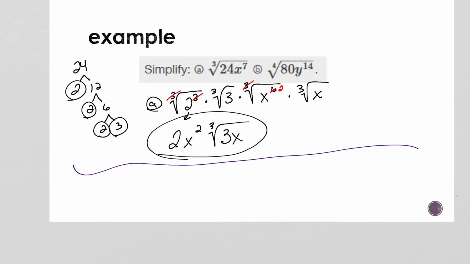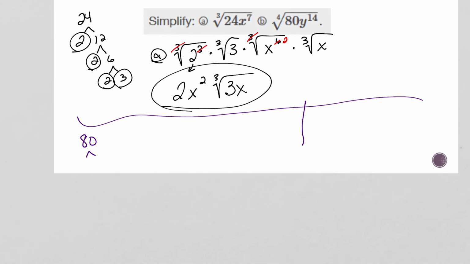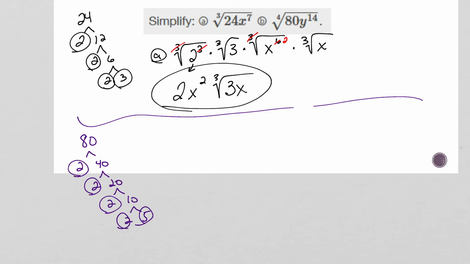Part B. Okay, so on part B, 80, I'm going to do a factor tree for 80. Oops, let me erase that line. There we go. All right, so I've got 2 times 40, 2 times 20, 2 times 10, 2 times 5. Okay, so I can rewrite 80 as the fourth root of 2 to the fourth power times the fourth root of 5. So I've got those 4 2's right there.